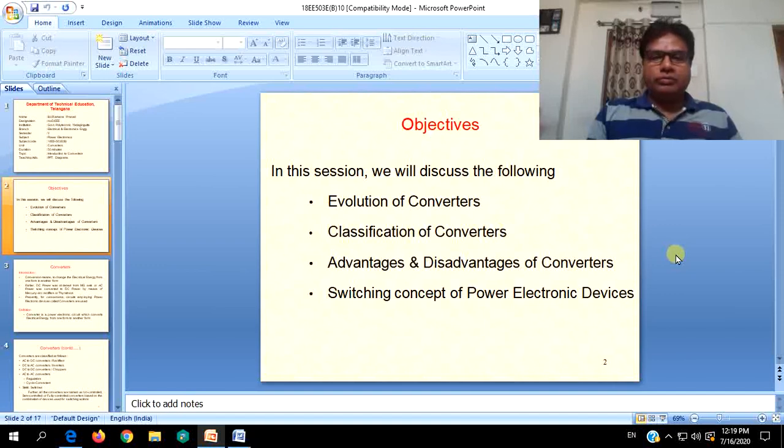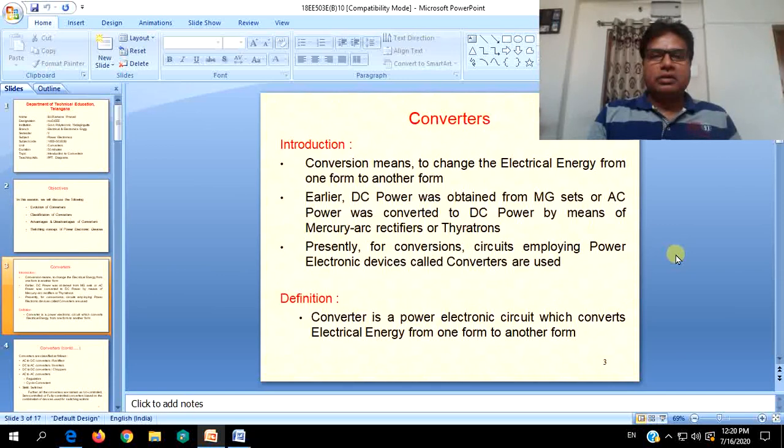So, step by step in this session, the things we will discuss are evolution of converters, classification of converters, advantages and disadvantages of converters, and the switching concept of power electronic devices. So, what is conversion actually?